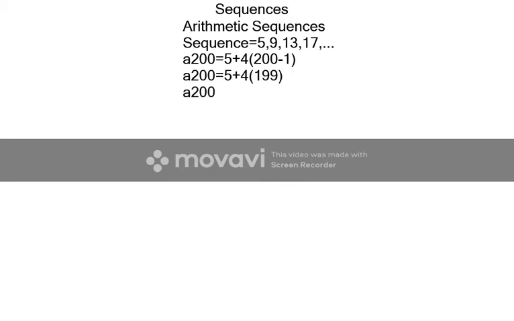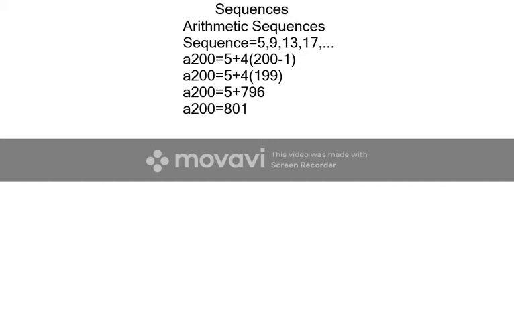So a sub 200 is equal to 5 plus, let's see what this is, 796, is that right? 6, 7, I think so. But even if I am wrong, I think you understand. But anyways, a sub 200 should be, if I did my math correctly, 801.